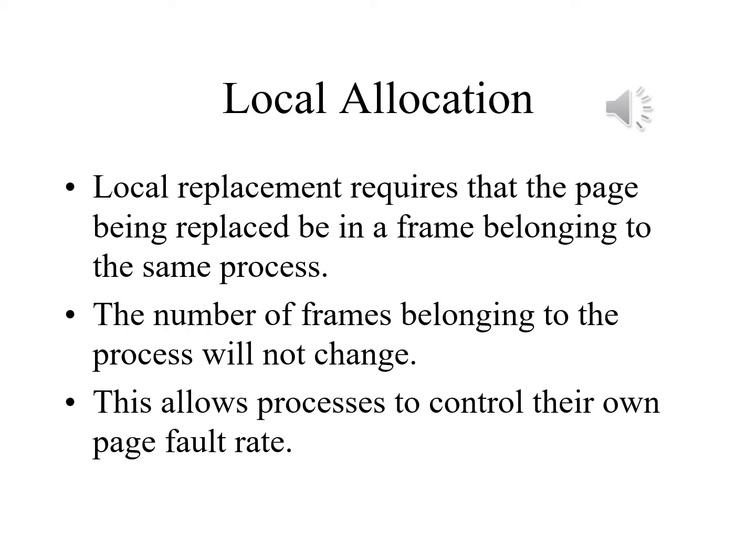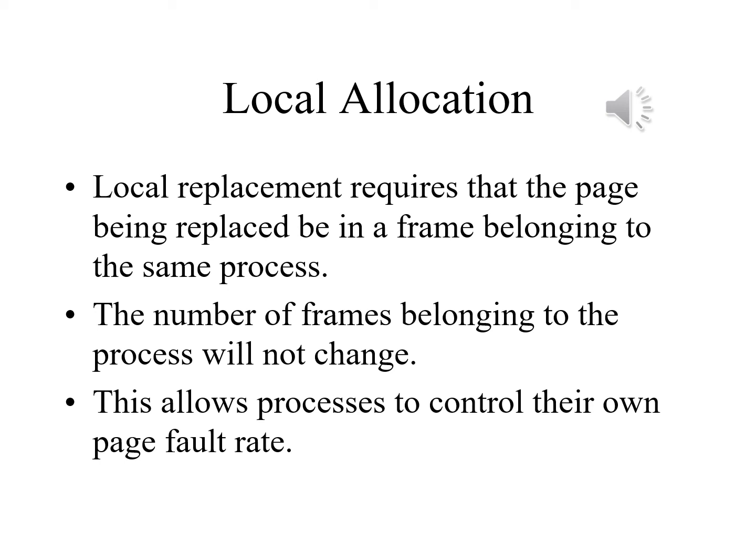Local allocation means that the process has an allotment of frames, and if a new page is needed, it must be loaded into a frame belonging to that process. If all of a process's frames are in use, one of those pages will have to be replaced. Generally, the number of frames that a process has won't change.